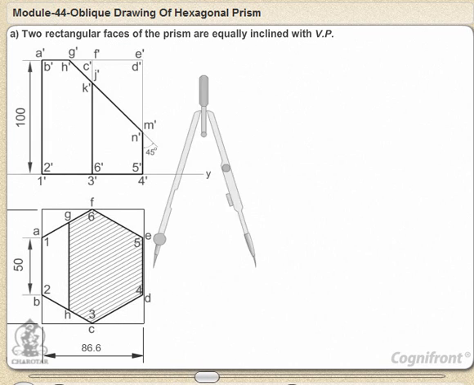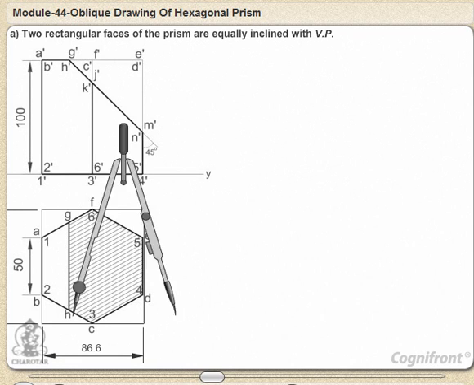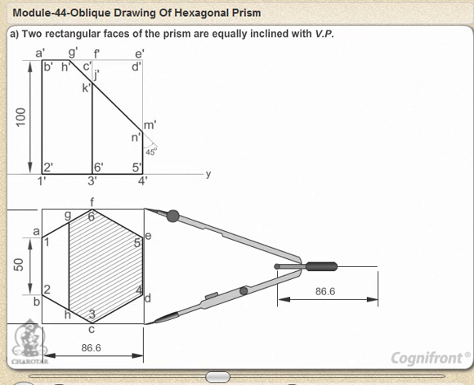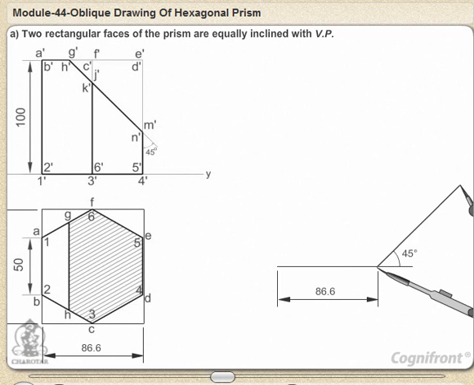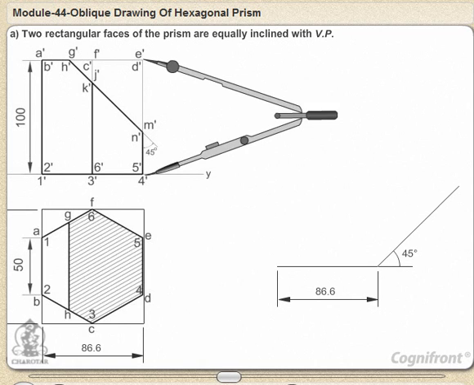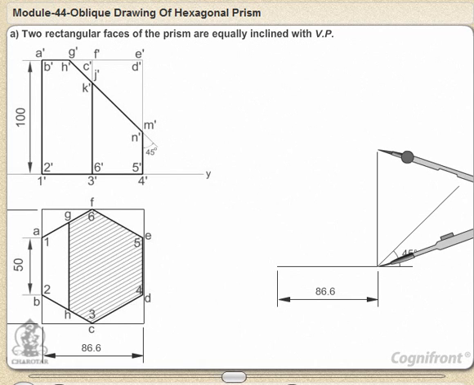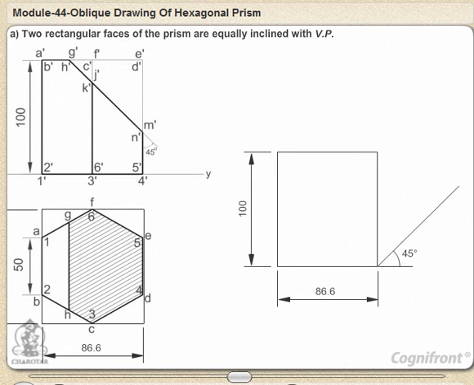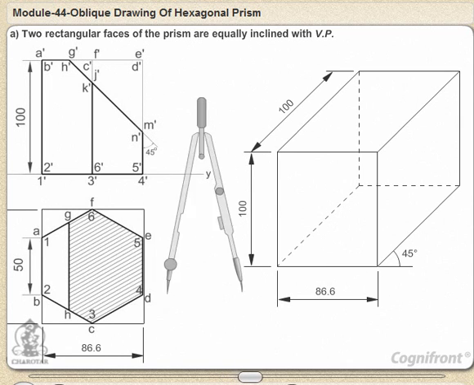Draw oblique projection as shown in the figures using box method as explained in problem 17.14, problem 17.15 and problem 17.16.